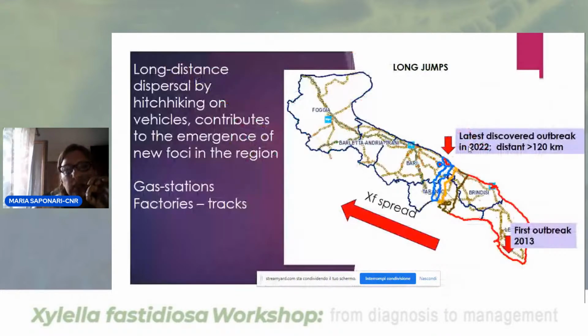Unfortunately, the spread of the bacterium is not only related to the active movement of the vector, but we found that several new outbreaks appeared because of the long jumps of the insect vector, mainly hitchhiking on vehicles.